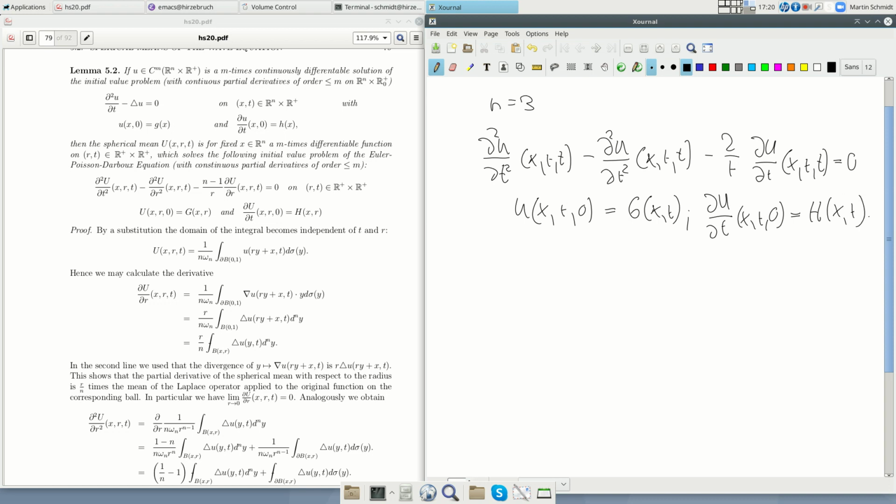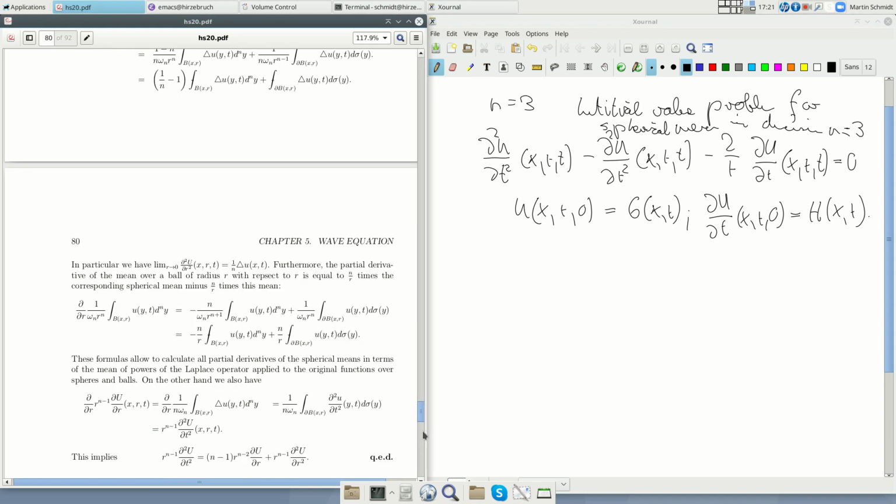This is now the initial value problem for the spherical means in dimension n equals 3, which we have to solve.